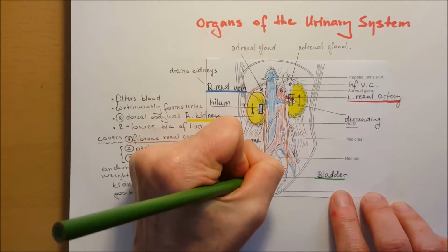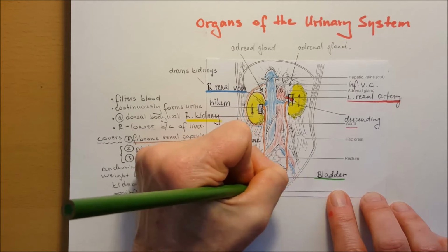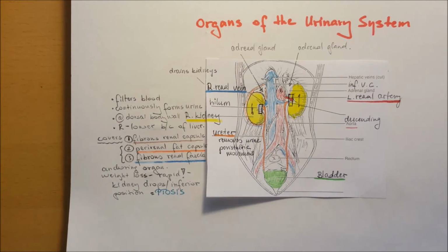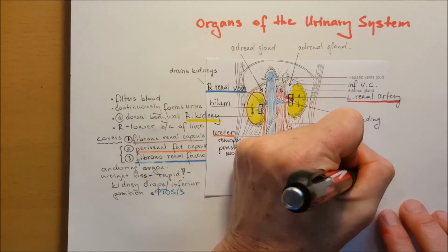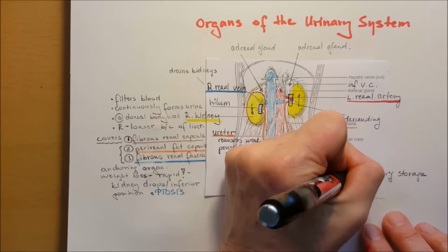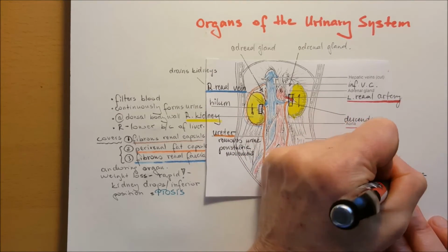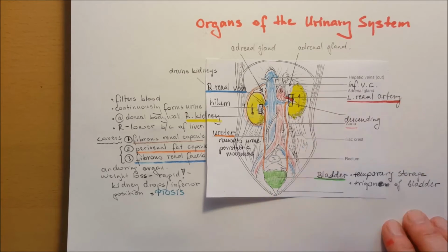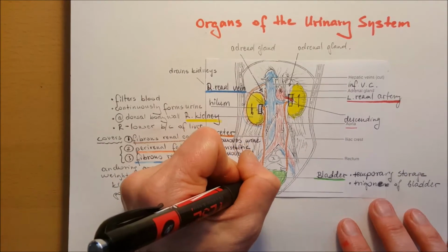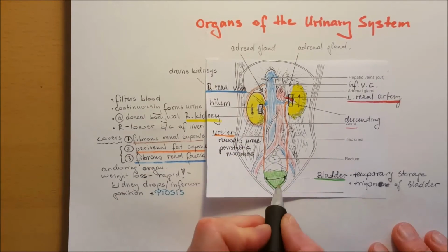The bladder is a temporary storage place, and it contains a structure inside, the trigone of the bladder. Trigone is where the three openings are, the two ureters getting into the bladder, as well as the one urethra leaving the bladder.